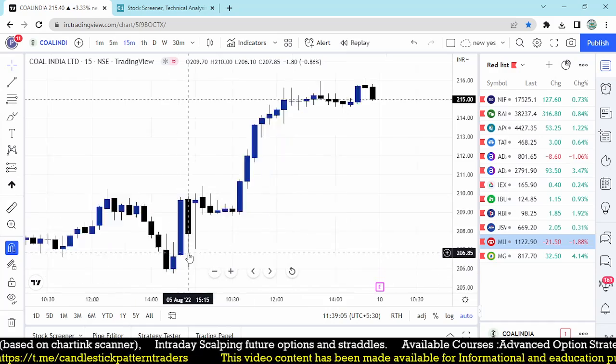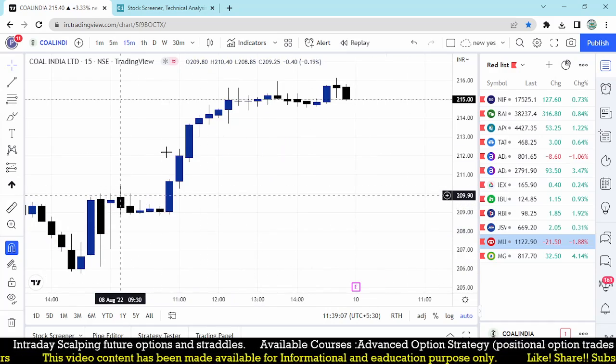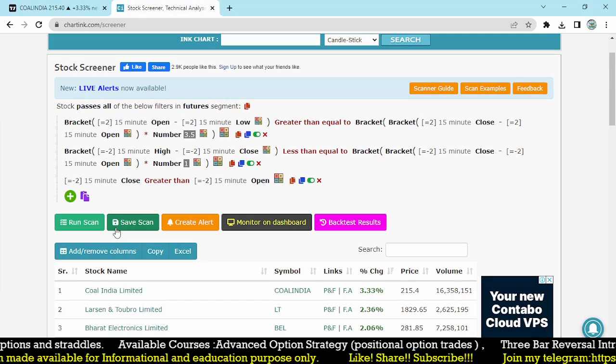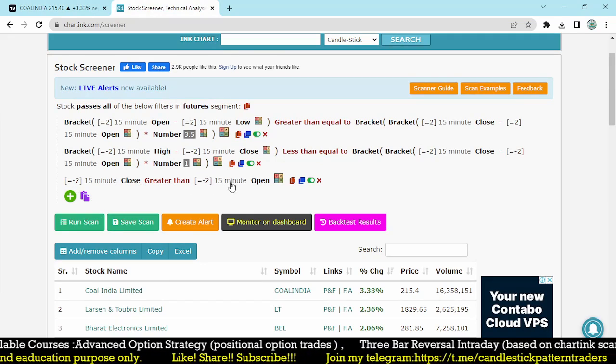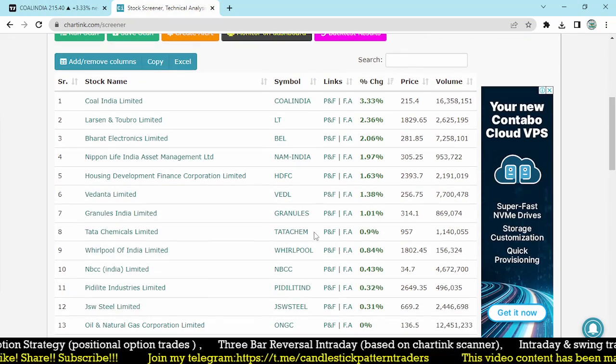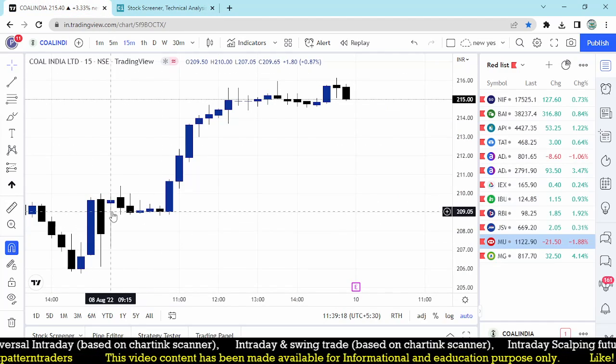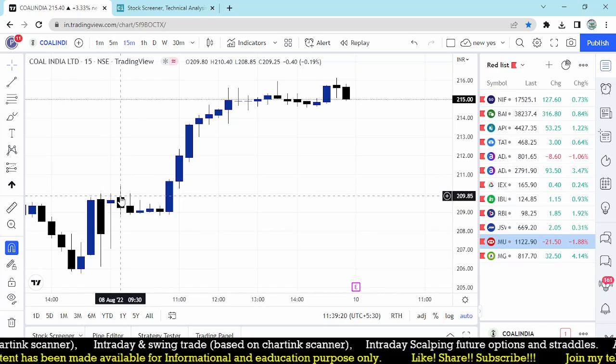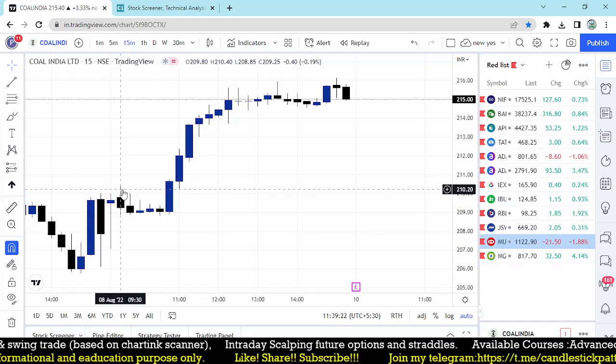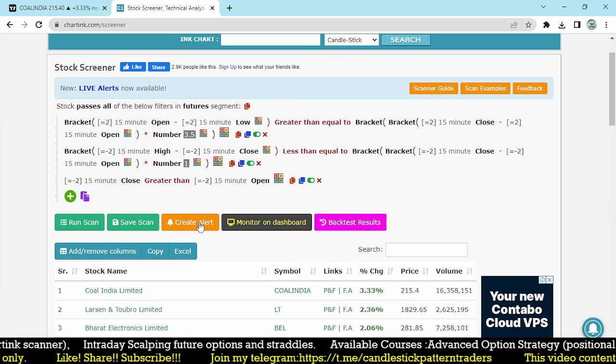The first candle is a hammer, right? But the second candle looks like a hammer. How is that possible? The second 15 minutes close must be greater than. But in Coal India, on the 8th August 9:30 candle, it's not greater than. How is it coming here?